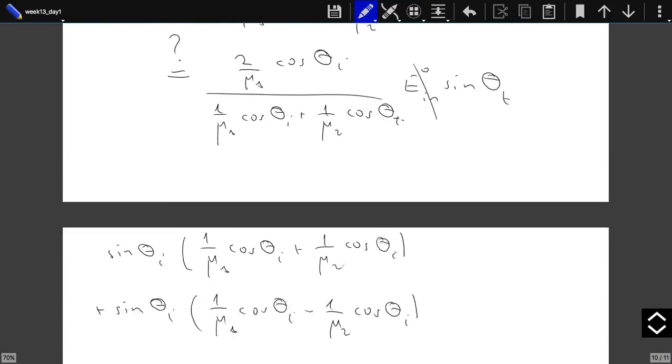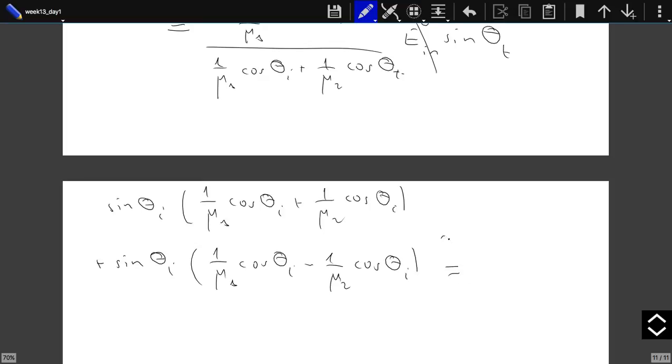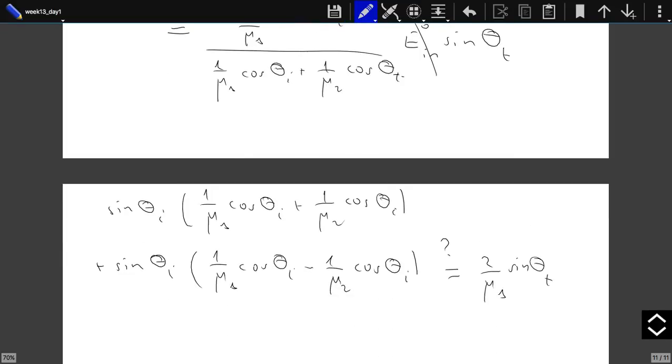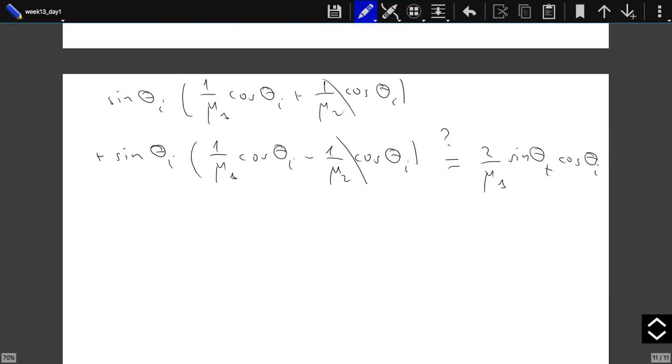This is the second term. Should be equal to, is it 2 over mu1 sine theta t times cosine theta I? Well, this term will cancel this one.